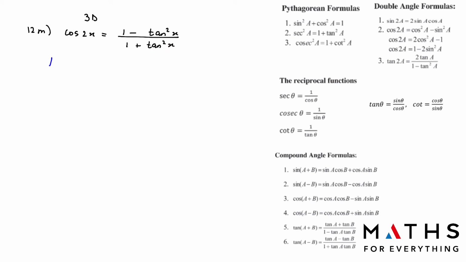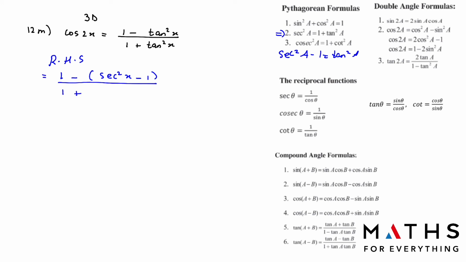So that's the reason, again, I'm choosing my right-hand side. 1 minus tan square x. I'm using the Pythagorean triplet, this identity. I can arrange it and I can write sec square a minus 1 is equal to tan square a. So in place of tan square, I'm replacing sec square x minus 1.